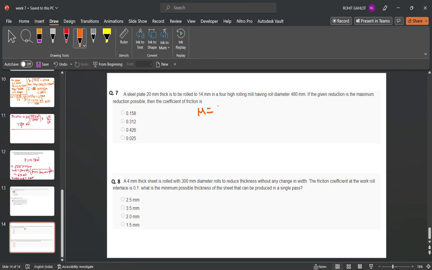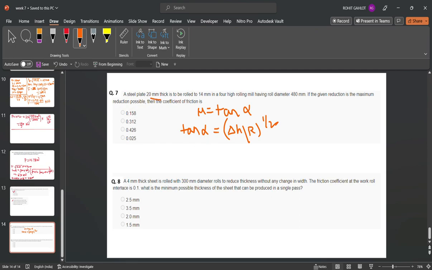So this can again be solved as nu is equal to tan alpha, and then tan alpha can be written as delta h by r to the power half.